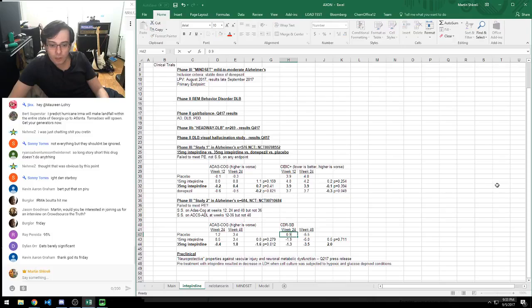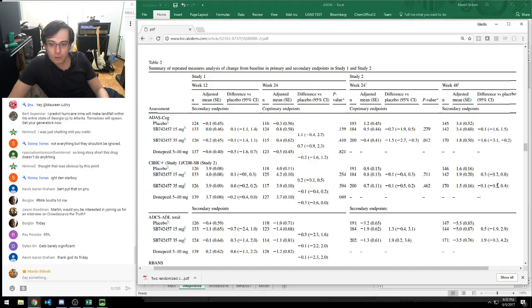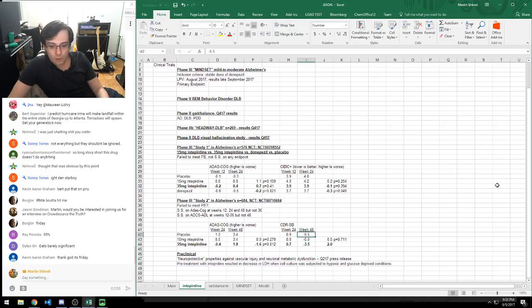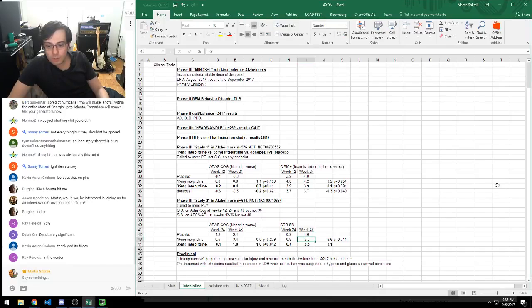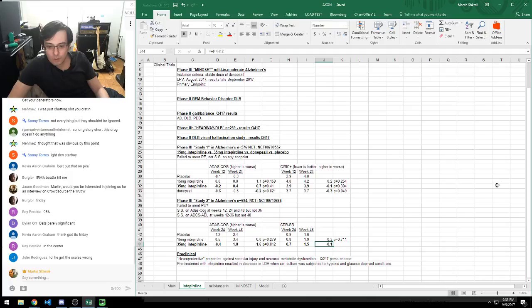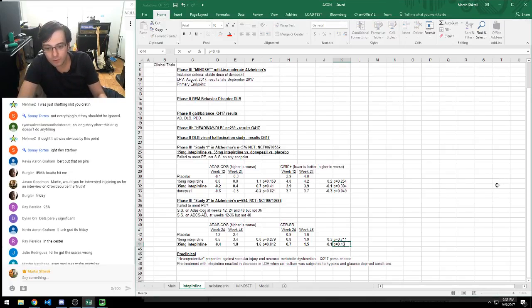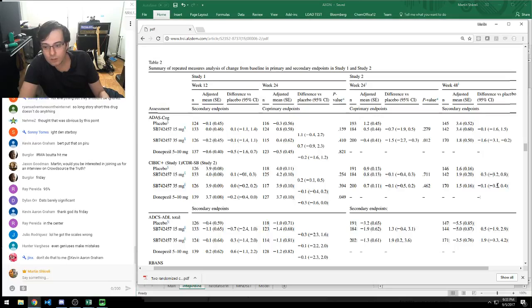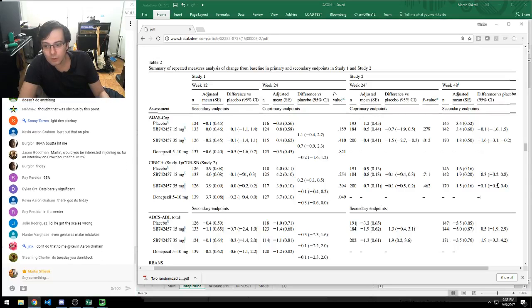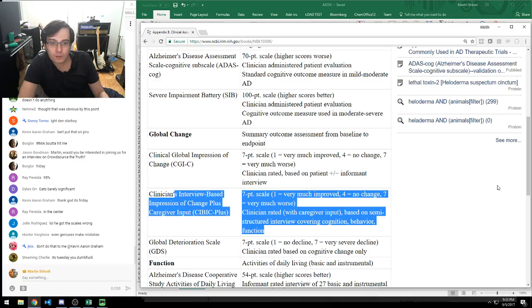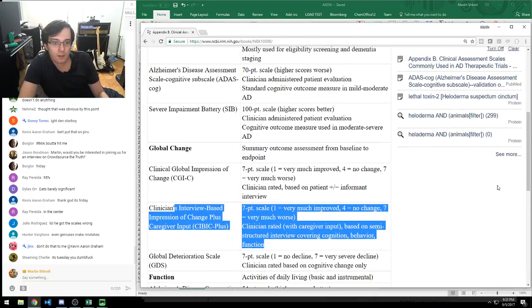So it's 0.9 for placebo, 0.8, 0.7, and here it's 1.6, 1.9, 1.5. And the p-values are 0.0711 and 0.462. So CDR sum of boxes did not go great. And let's look at how you analyze that.